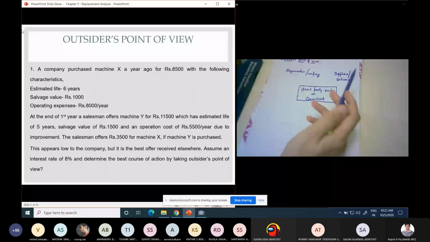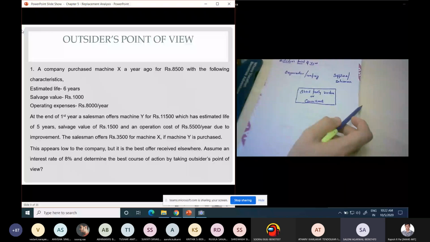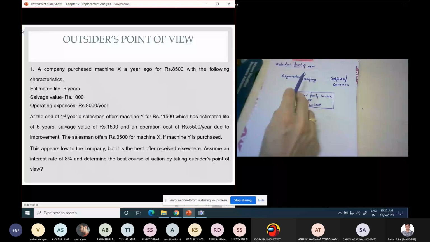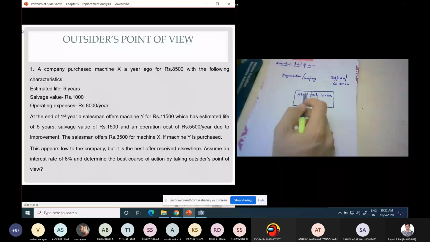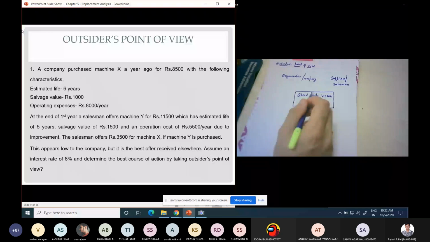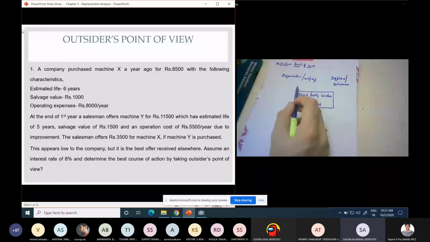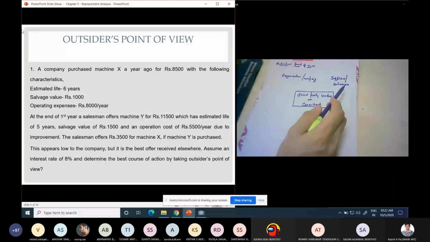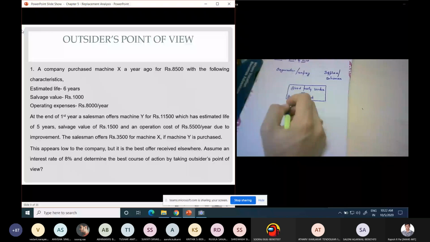Here, in the case of the outsider's point of view, other than the organization and the salesman or supplier, we have to involve this third party vendor, and analyze the case from this person, not from the point of view of the organization or the supplier.